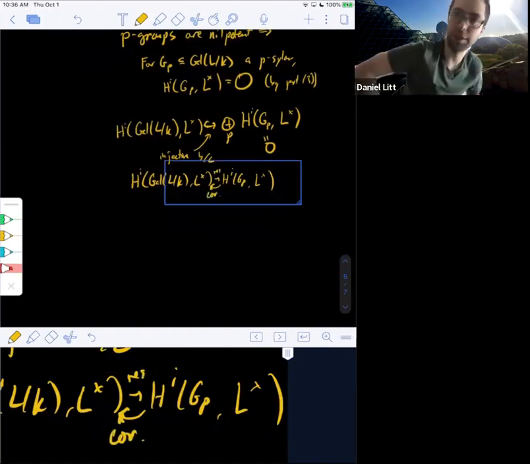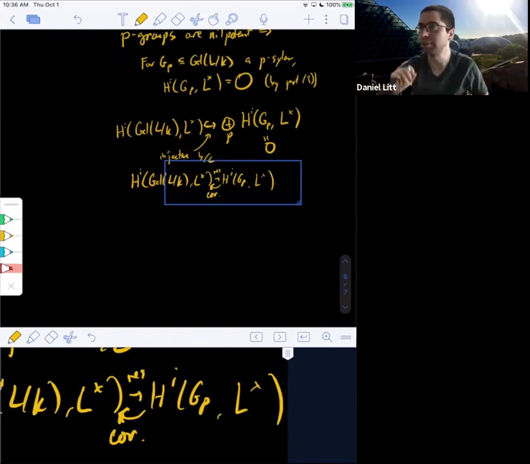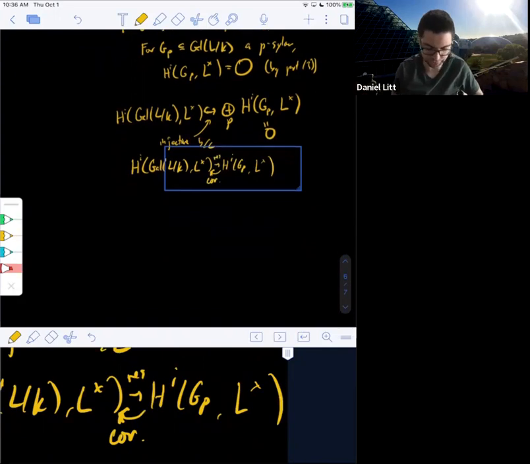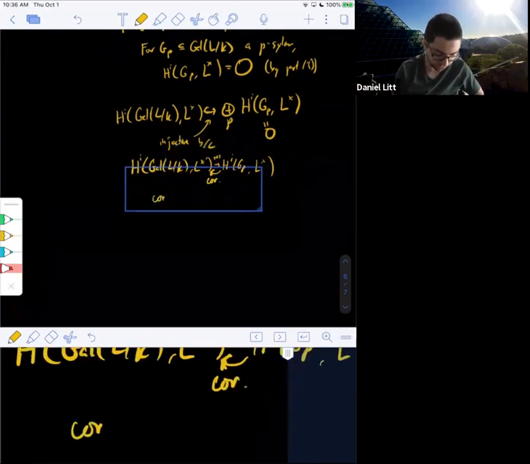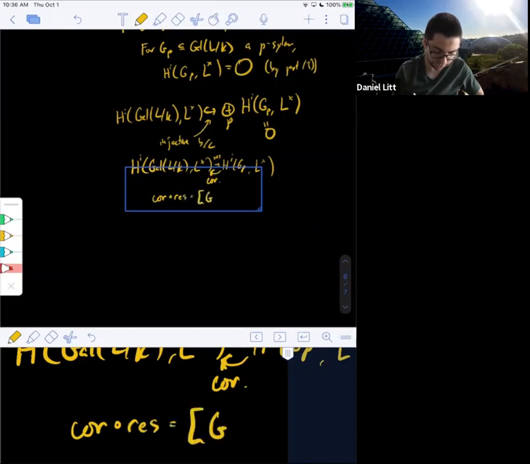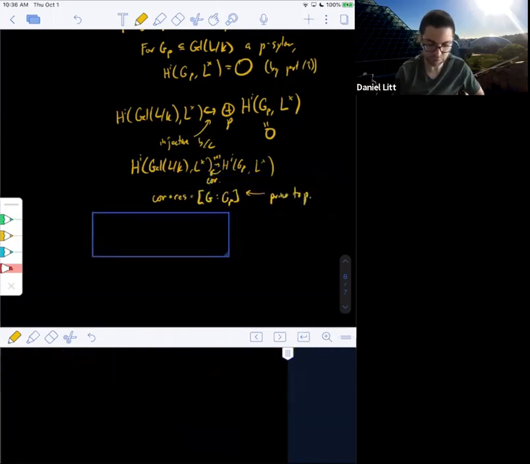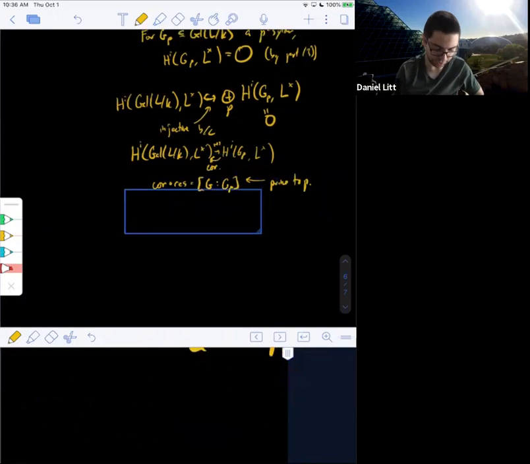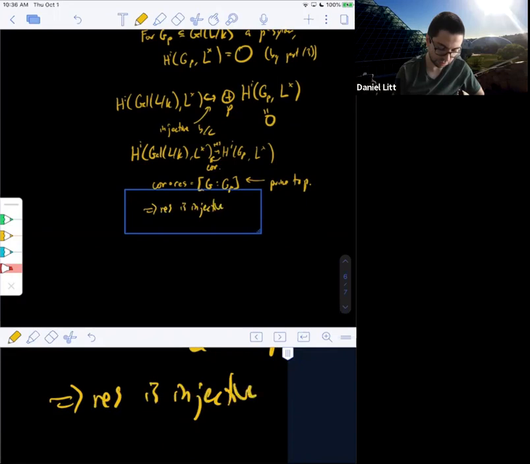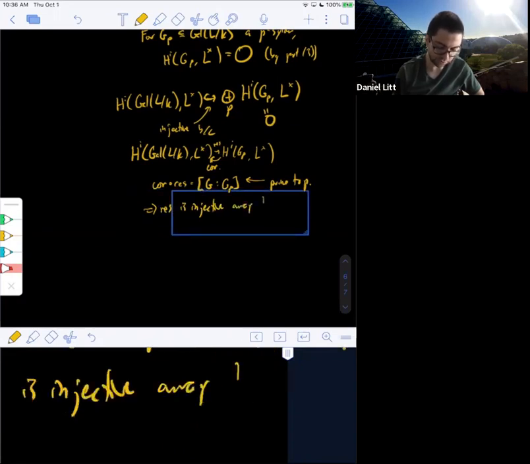So this is a general construction from group cohomology. If you haven't seen it, you should take a look at Cassels-Fröhlich chapter 4, which is where I like this. And if you go back and forth, corestriction composed with restriction is the same as the index of P in G, which is prime to p. So that implies that restriction is injective away from prime-to-p torsion.